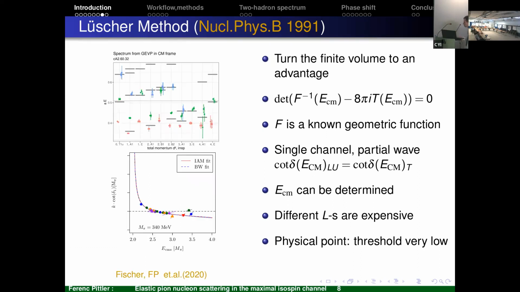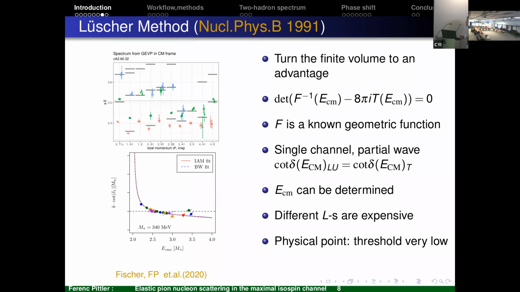So instead of computing different volumes, we probe this relation for different momenta, and we try to calculate as many energy levels as possible using the different momenta.